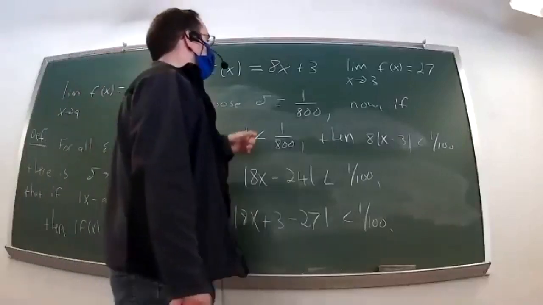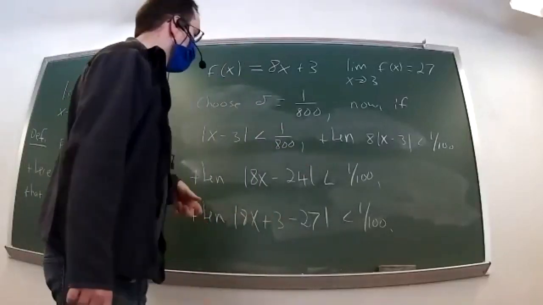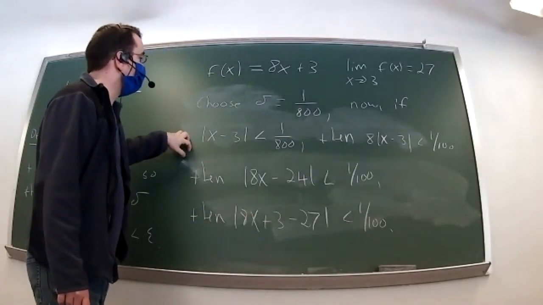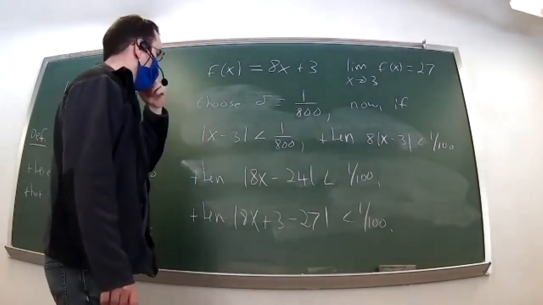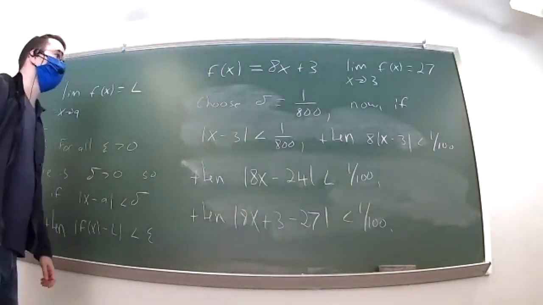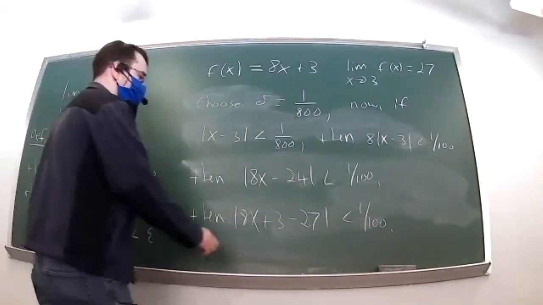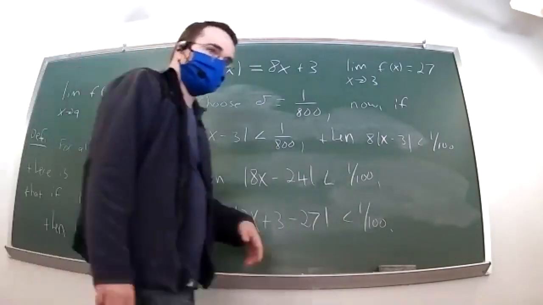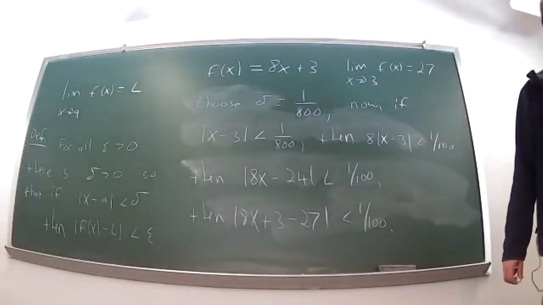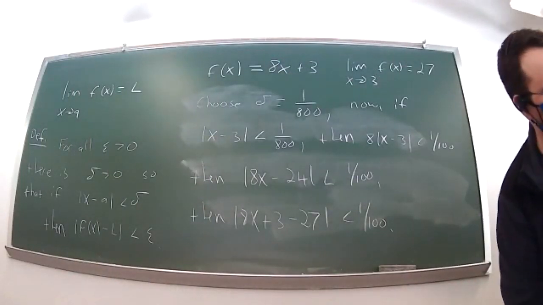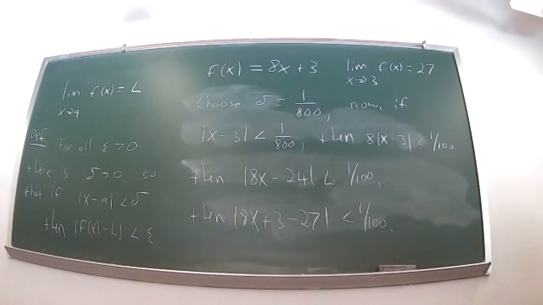If you choose delta equals 1 over 800, then this shows that if you have any x value with the distance from x to 3 less than 1 over 800, then the distance from f of x to 27 is going to be less than 1 over 100. Any questions or comments on that?